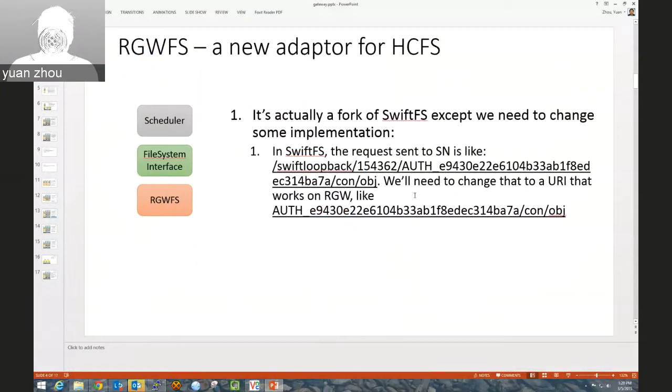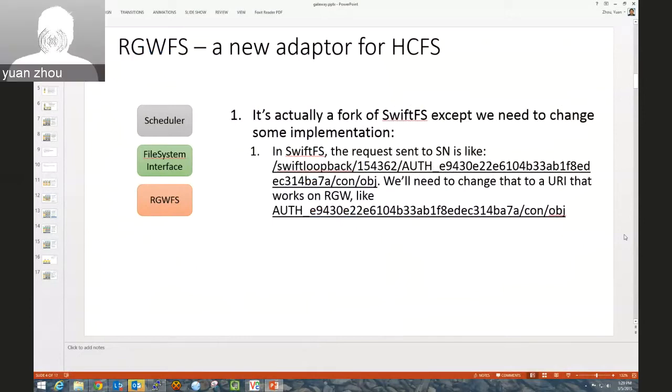So, for example, in SwiftFS, the required URL of the objects actually includes some partition number here, 154362, and we know that in RGW there's no such thing. So we actually need to change it like below without the partition number.